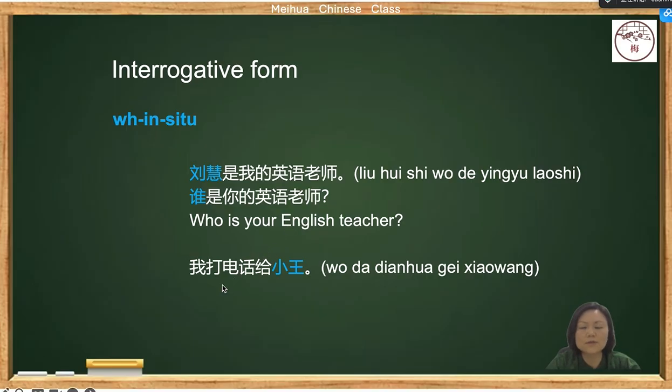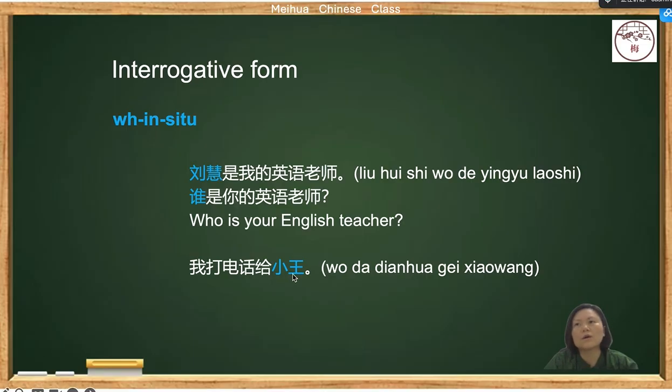Let's look at the other one. 我打电话给小王. I 打电话 make a call. 给小王 to. 小王 is a person. It's a person's name. I'm calling 小王. This is also a declarative sentence, right? Now I want to ask about the 小王, the object of the action in the sentence.